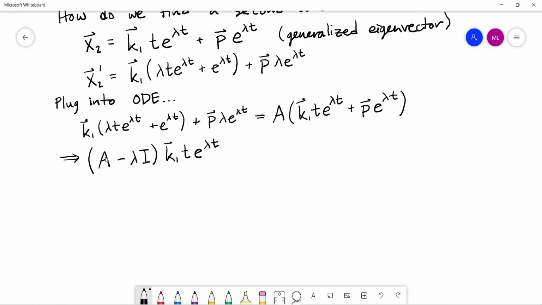So far we have our a k t e to the lambda t. Here's our a k t e to the lambda t. So this term here corresponds to this one here. And so really, I'm moving this one over to the other side there. And then I'm subtracting off lambda, and this I, again, plays the role of 1. So just lambda k t e to the lambda t. And here's our lambda k t e to the lambda t.